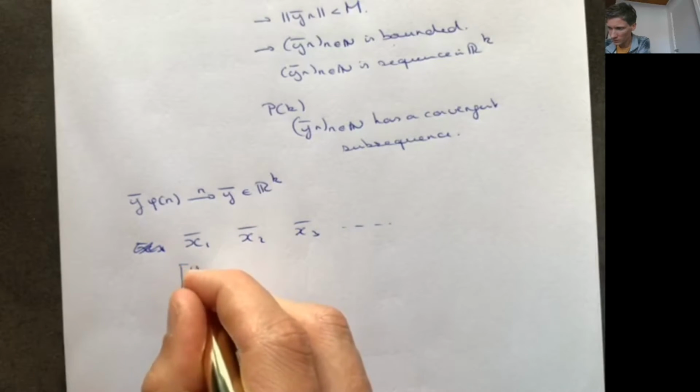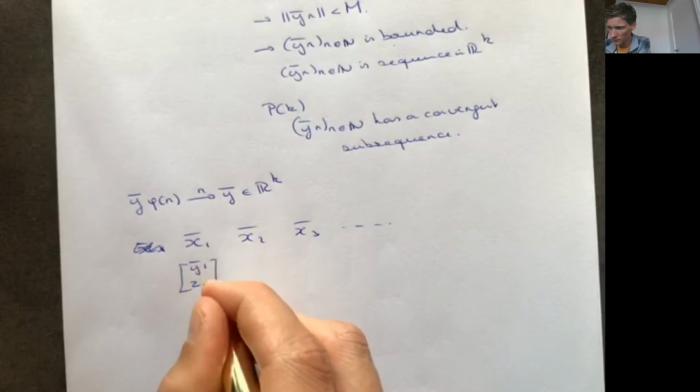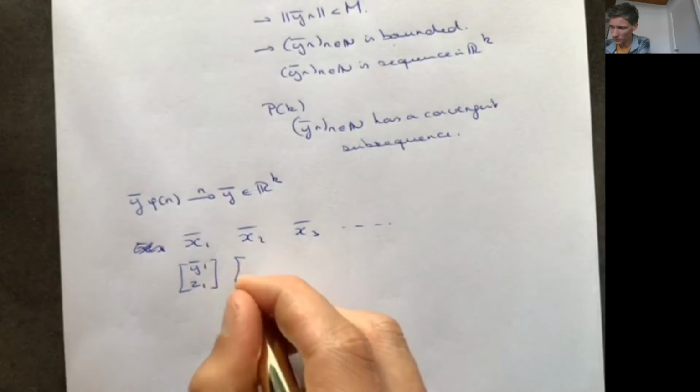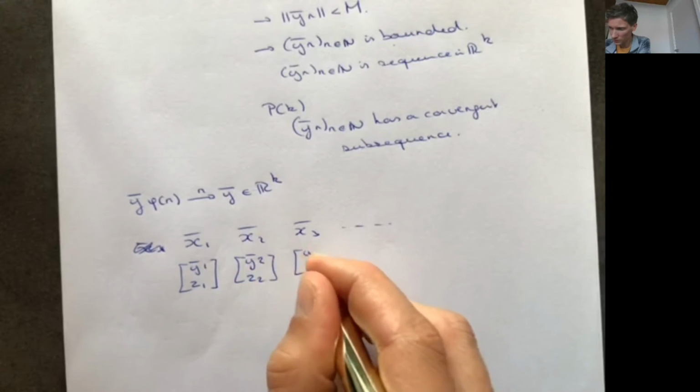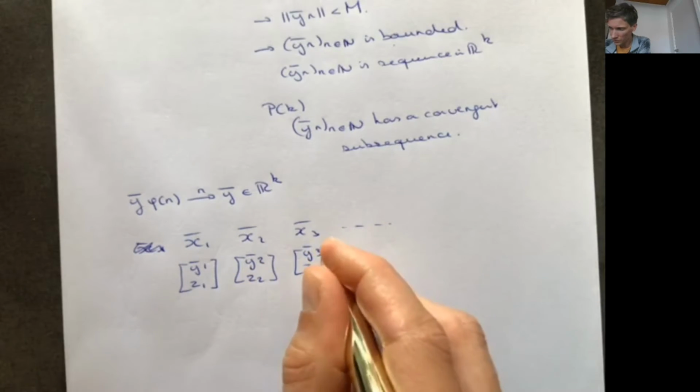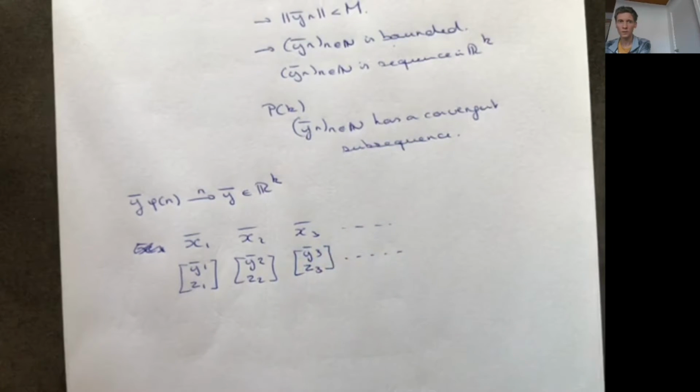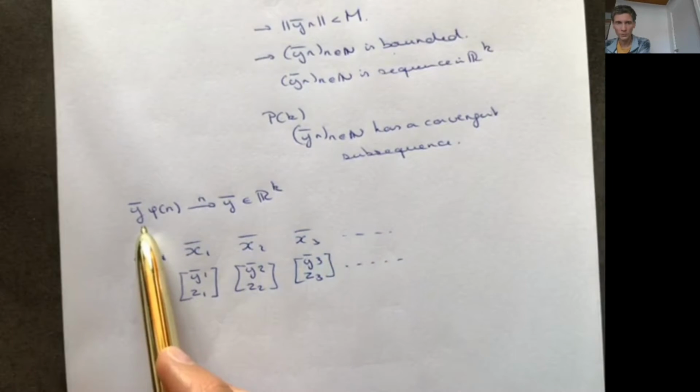This was the vector y1 and then a number z1. This was the vector y2 and then a number z2. This was the vector y3 and then the number z3, and so on. Here we have found the subsequence of y's.